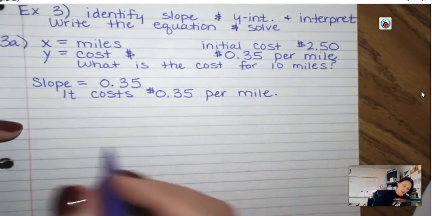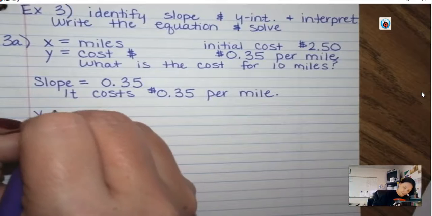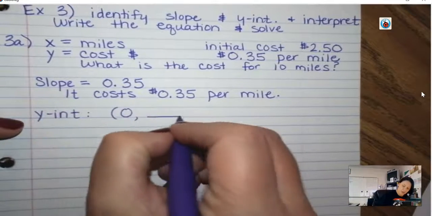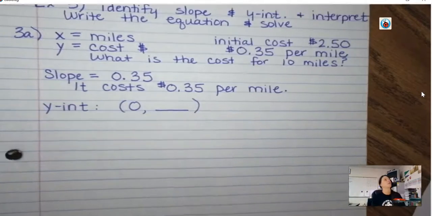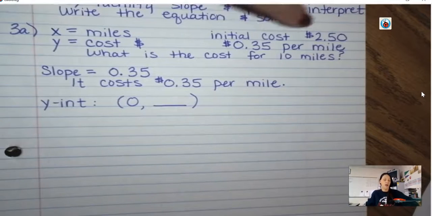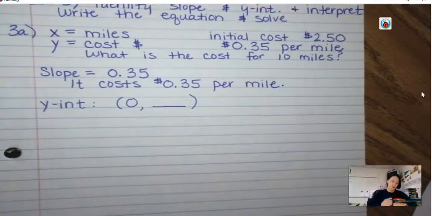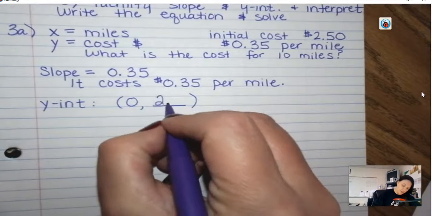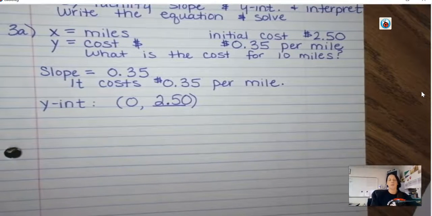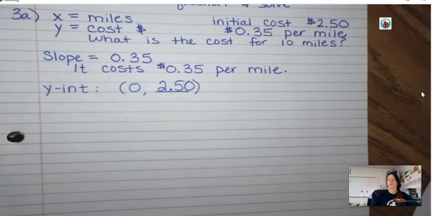Now let's do the y-intercept. That's always 0, comma something. The y-intercept is the initial cost. It is the price as soon as you start something. So for them, their initial cost, as soon as you get in the taxi, they're going to charge you $2.50. So $2.50 or 2.5 is the y-intercept.